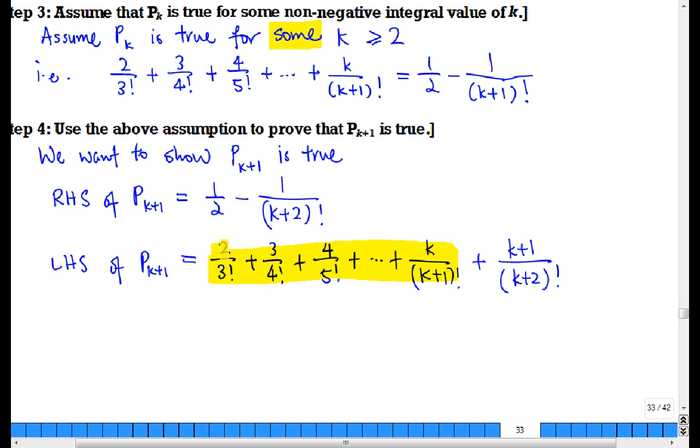Using our assumption, if our assumption is true, 2 over 3 factorial, 3 over 4 factorial, all the way to k over k plus 1 factorial here, yes, must be equal to this. Using the assumption. We must always use the assumption.